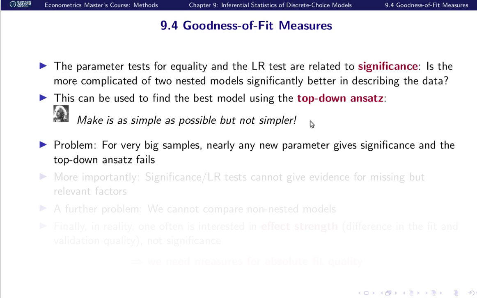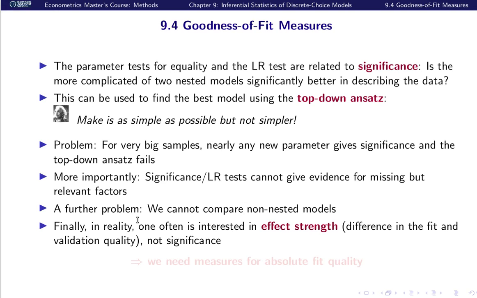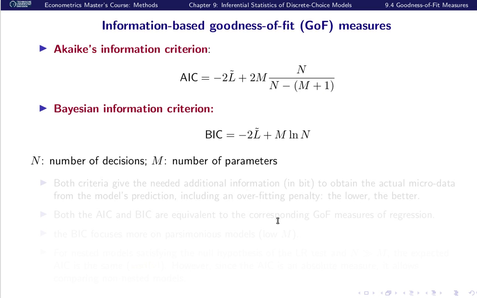But often it's still too complicated, because the effect strength is very small, and that can be tested by these goodness of fit measures. Furthermore, with goodness of fit measures, we can also compare non-nested models, and we get the effect strength. So what are these goodness of fit measures?